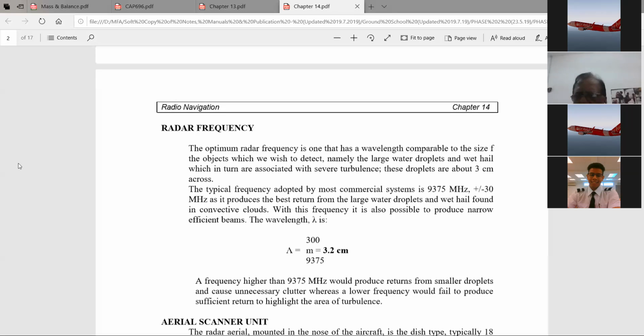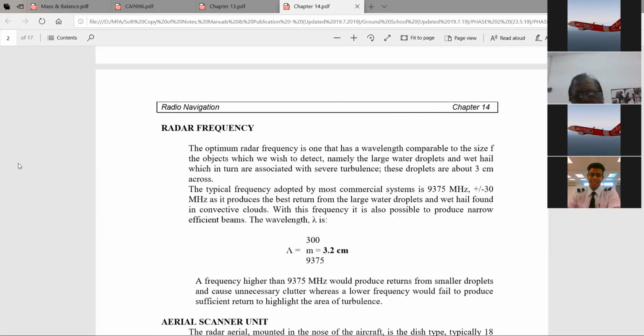If you have a frequency which is much lower than 9375, that means your wavelength will be much higher. If your wavelength is much higher, then obviously the reflection from the clouds will not be there, so you will not be able to receive any information.